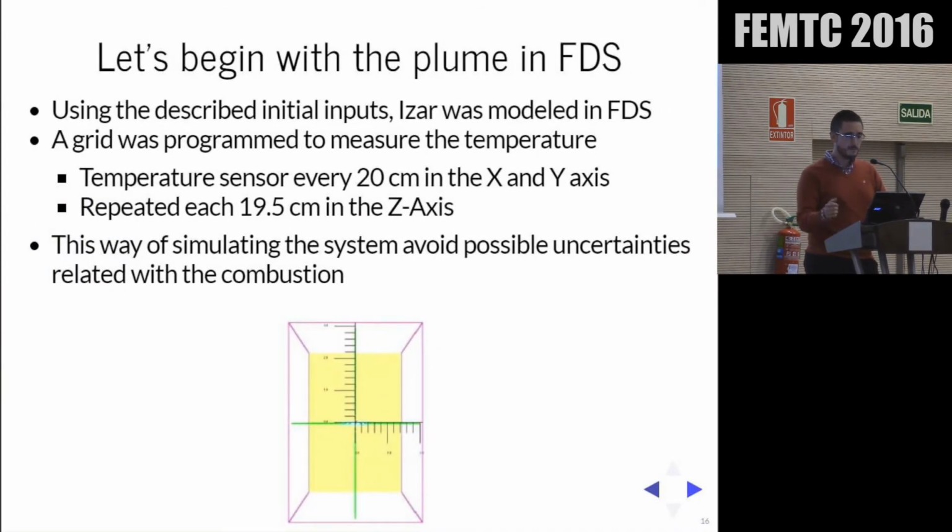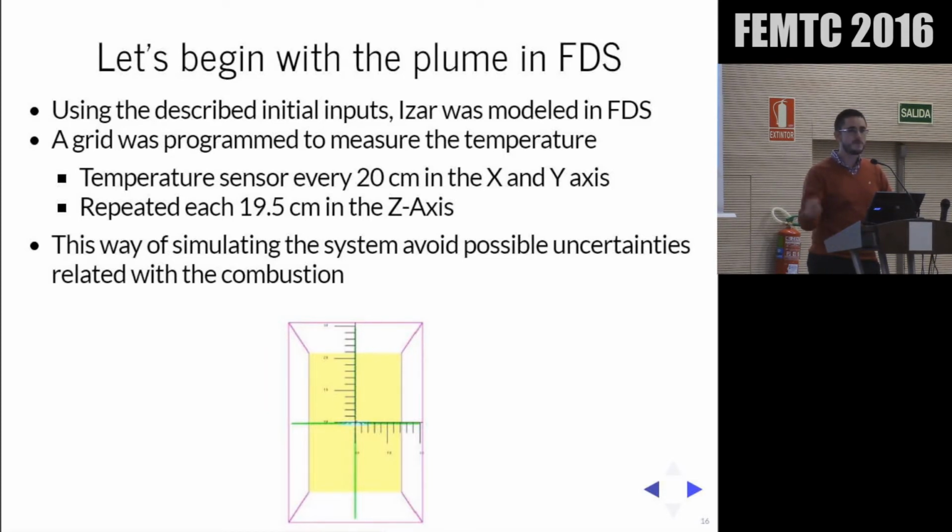So let's begin with the plume. Using the combustion products, we can calculate its possible power, its possible range of work of the system. I just programmed a temperature measurement.